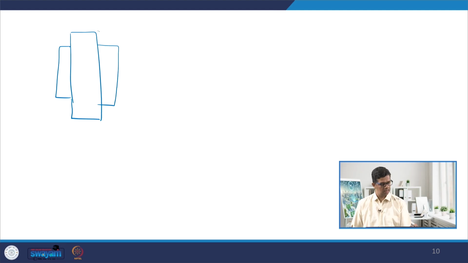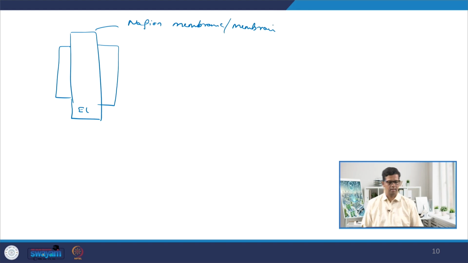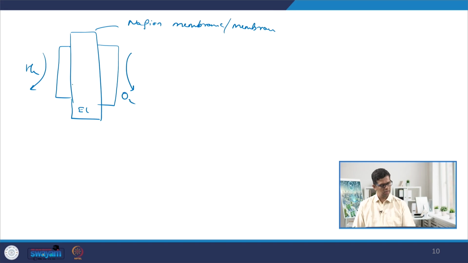So, let us take, this is the electrolyte. Now, this is the commercial, let us say Nafion membrane we have taken, or any electrolyte or membrane which has this dependence on the water intake. This is hydrogen and oxygen. We know this is the proton transfer from anode to cathode. So, we have taken the membrane which depends on the water available in the electrolyte.